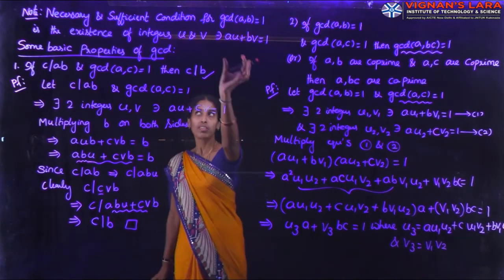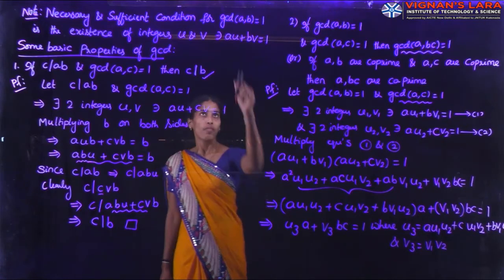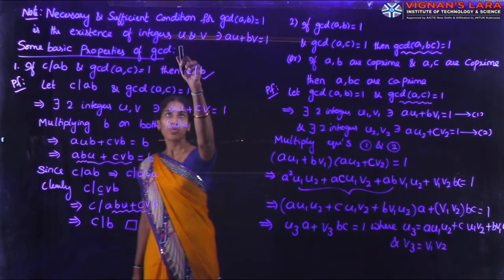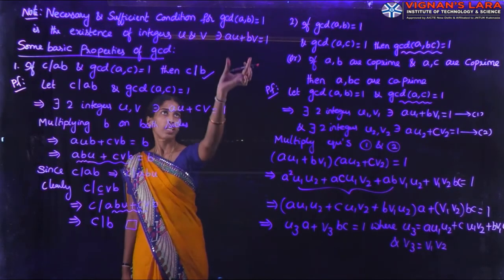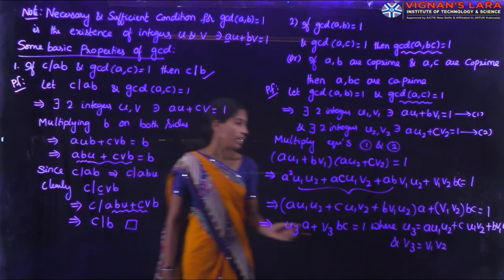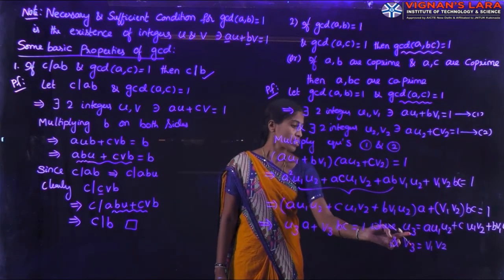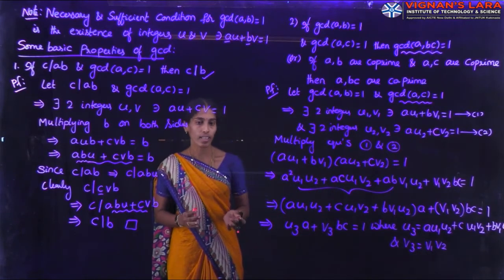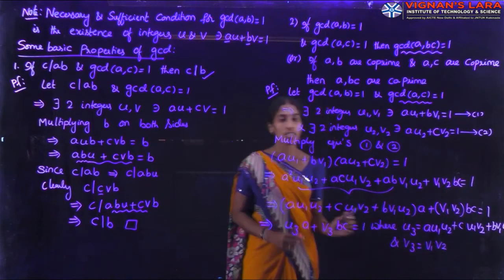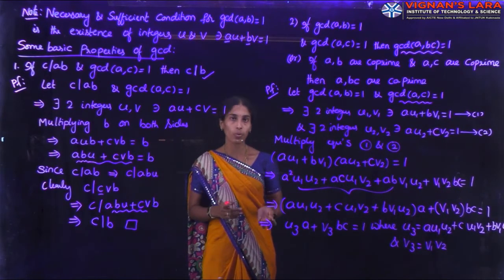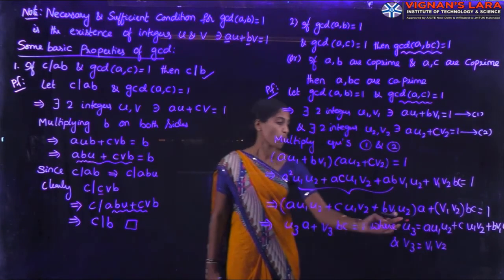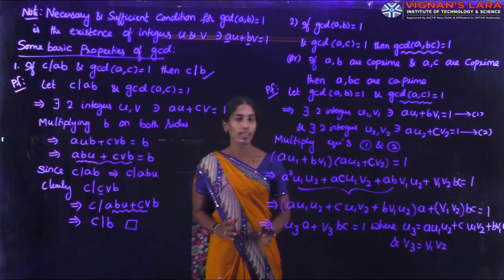So if you observe this note, whenever AU plus BV is equal to 1 and U comma V are integers, then GCD of A comma B is equal to 1, right? Here also we get two integers U3, V3. Why these are integers means A, U1, U2, all these combinations are integers. Either product of two integers or sum of two integers is an integer. Therefore, both U3, V3 are integers.